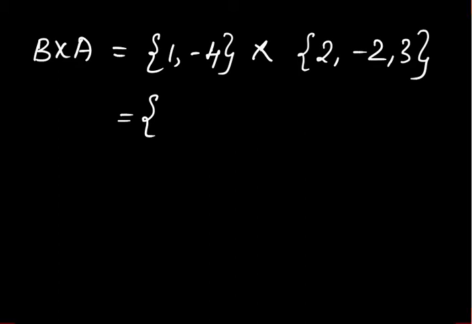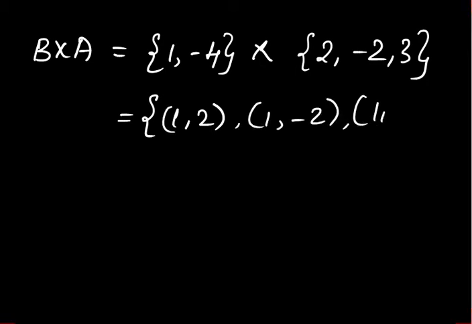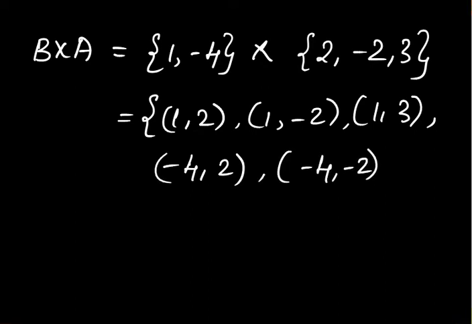First element is 1, so 1 has to be paired with every element of A. So 1 comma 2, 1 comma minus 2, 1 comma 3. Next will be the element minus 4. So minus 4 comma 2, minus 4 comma minus 2, minus 4 comma 3. And count and check whether you are getting 6 ordered pairs or not.